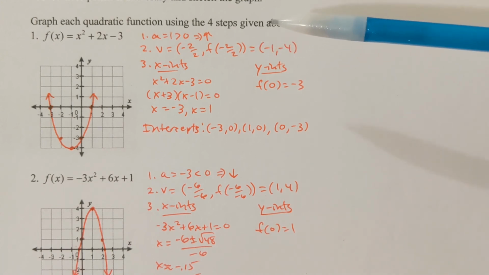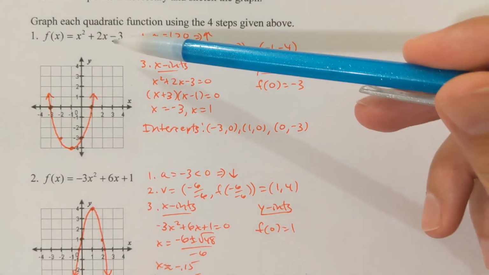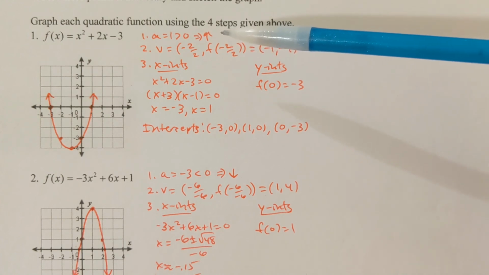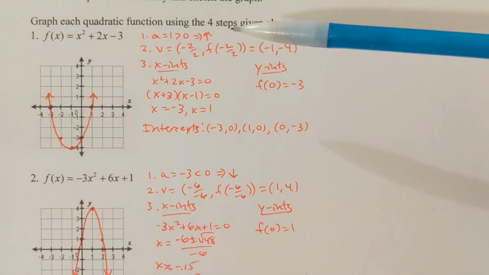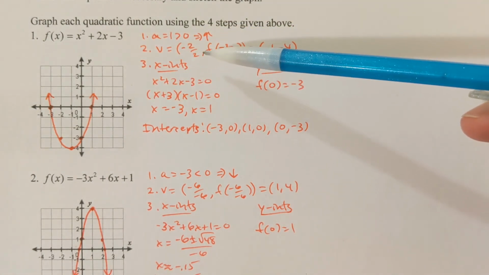Step 1 is to check if the parabola opens up or down. 1 times x squared, and 1 is greater than 0, that means that the parabola is going to open up. Step 2, v is equal to negative b divided by 2a.